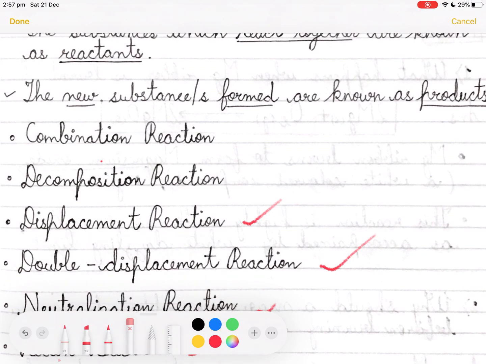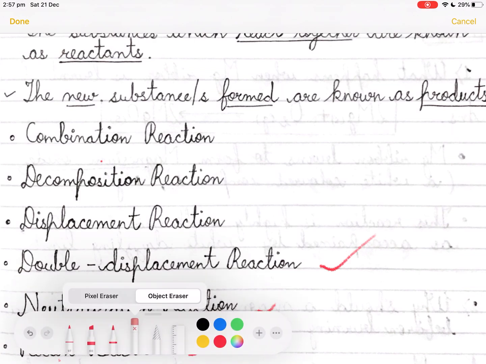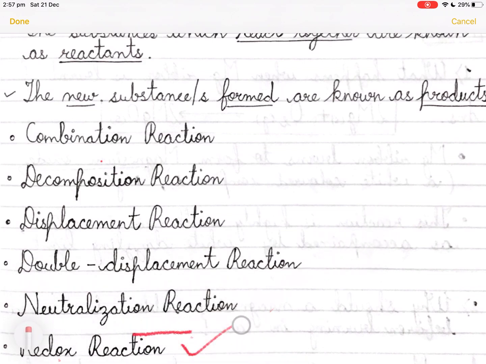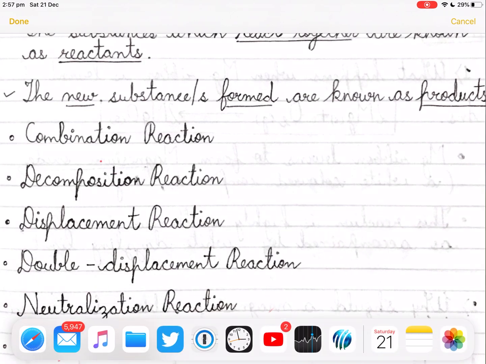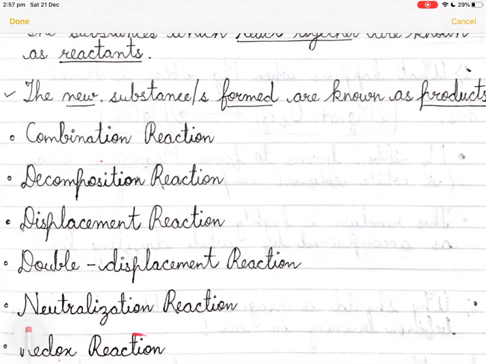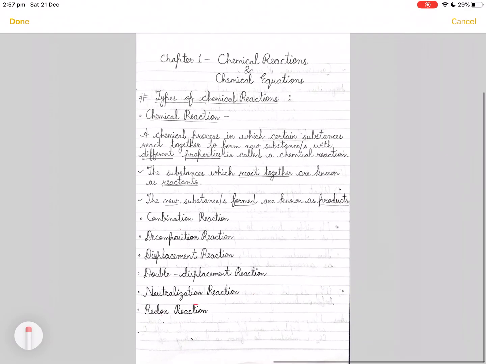So here what we need to do is we'll first discuss only a single type of chemical reaction, which is the first one, that is combination reaction. So let me talk about combination reaction in detail.